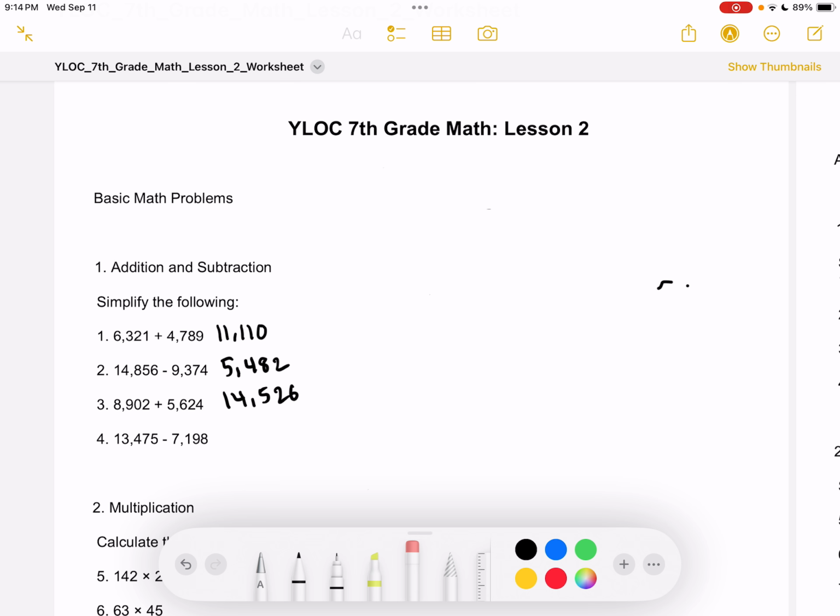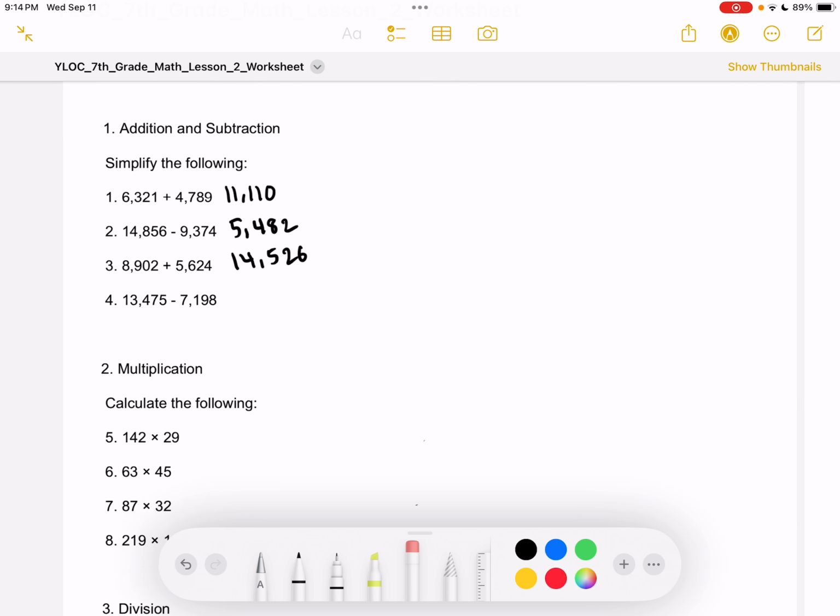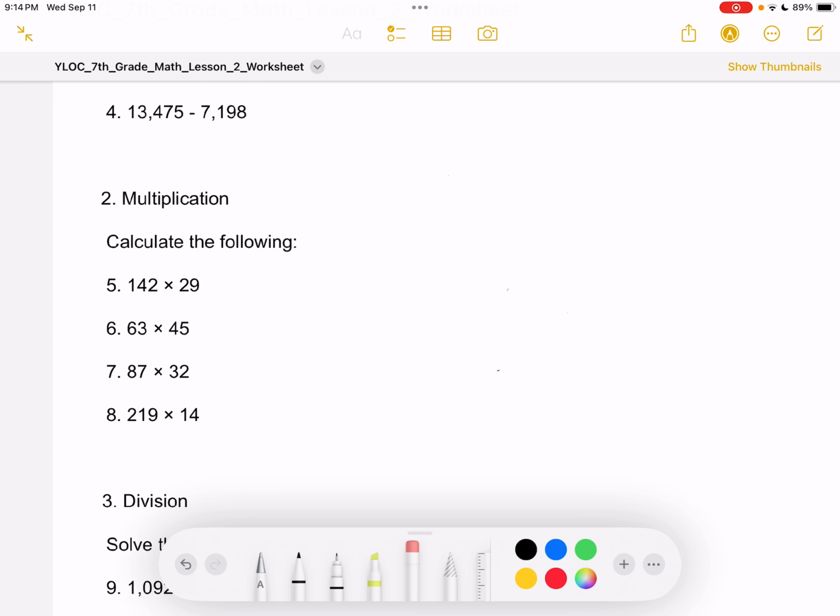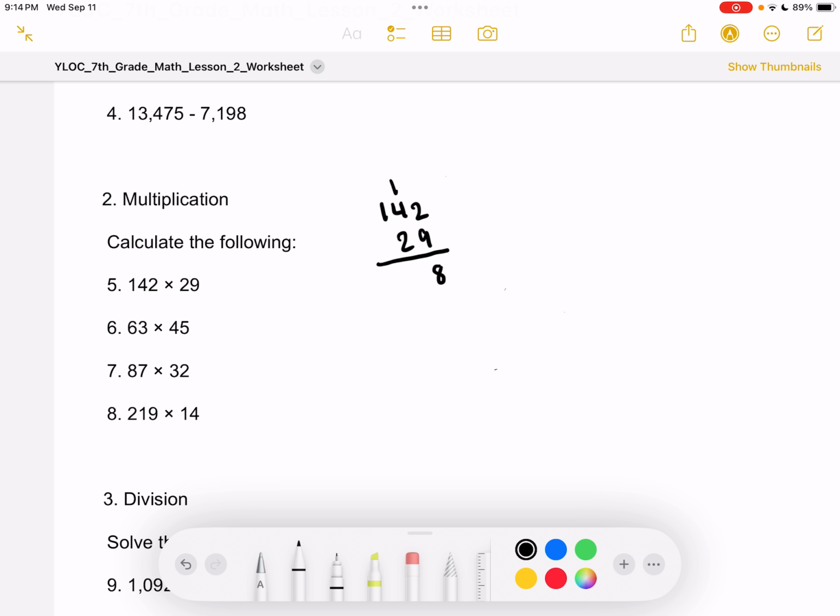Now we'll move on to the next section. For multiplication, our first problem is 142 times 29. 2 times 9 is 18. 4 times 9 is 36, plus 1 is 37.